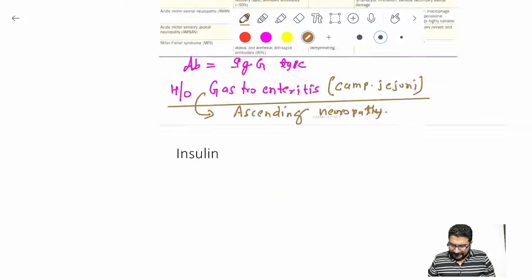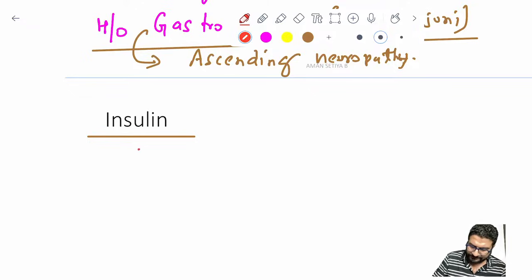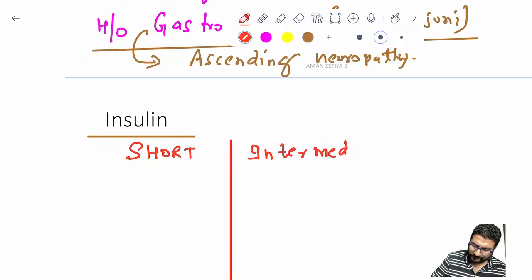Okay, now they ask you questions on insulin. So we have different types of insulin: short acting insulin, intermediate acting insulin, and long acting insulin.